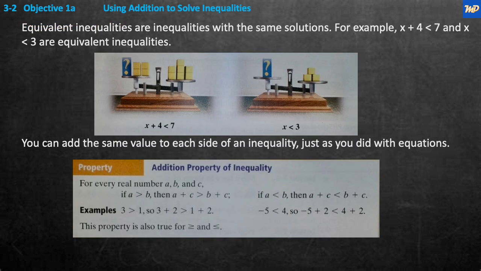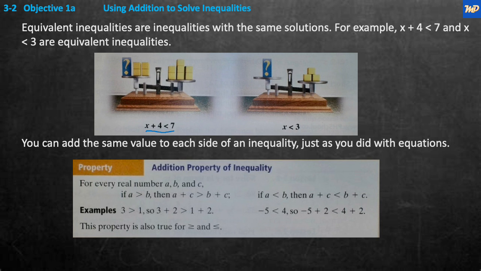Okay, that definition we just looked at, here's where it came from. Equivalent inequalities are inequalities with the same solutions. For example, x plus 4 less than 7 and x less than 3 are equivalent. So there's a pictorial representation to that. Here we see x plus 4 is less than 7, and you see that we've got the question mark at the top here and 4 boxes.